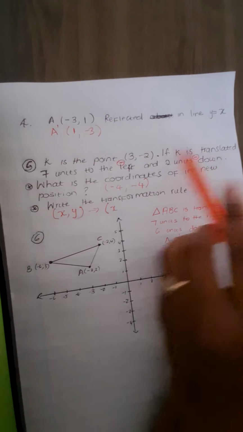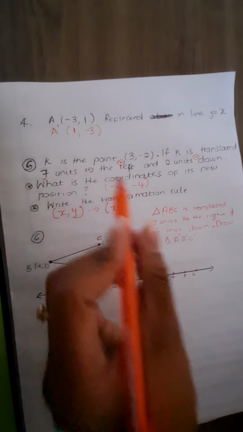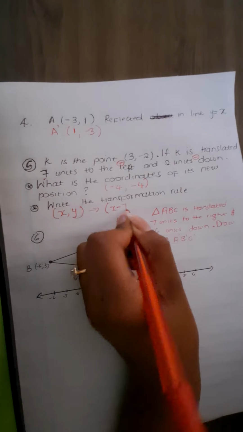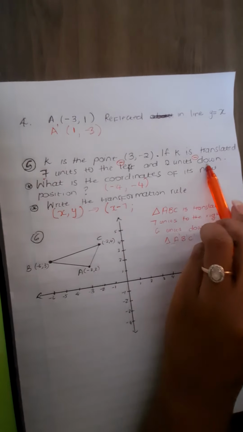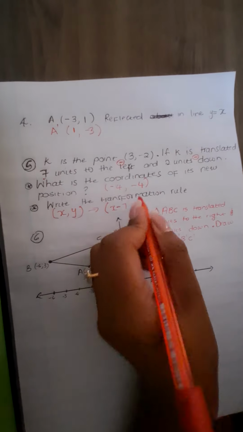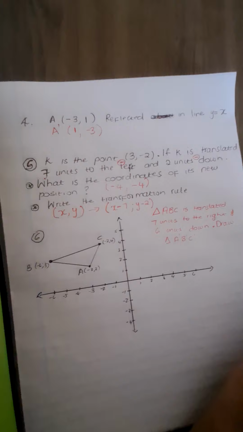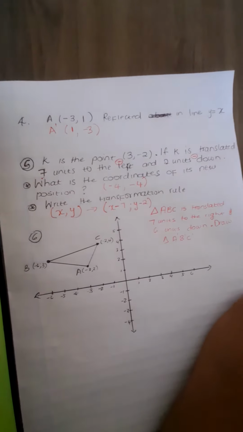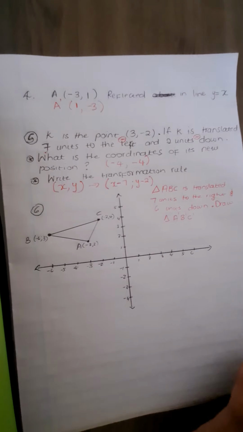In this case, we know that they are telling us that it is 7 units to the left, meaning we are moving 7 units to the left, x -7. And then 2 units down, meaning for our y values, it is 2 units down, y -2. That is our rule. And then now we are going to number 6.